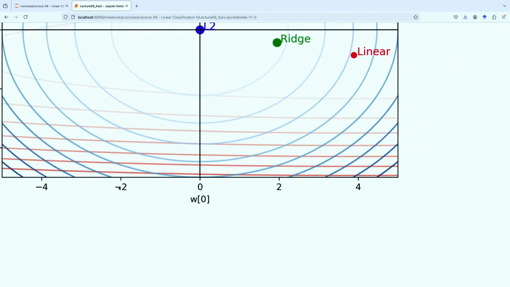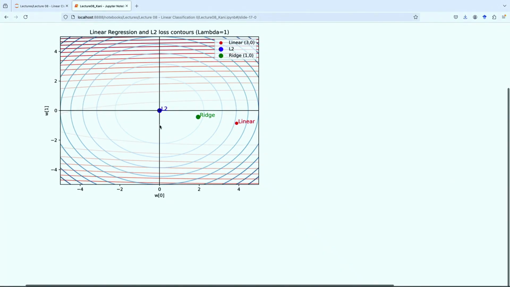Namely, another way to visualize this is that if we overlay the two losses on top of each other, this is the L2. The blue is the L2 loss function. That's very circular. That makes sense because the contribution from each one of those parameters is equal with the L2 loss. And we have the linear loss function to the data that is ellipsoidal, again, because we know the slope has more of a significant impact on the loss than the bias.